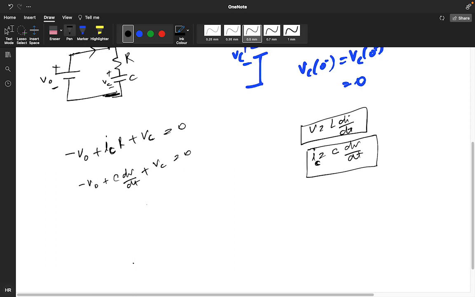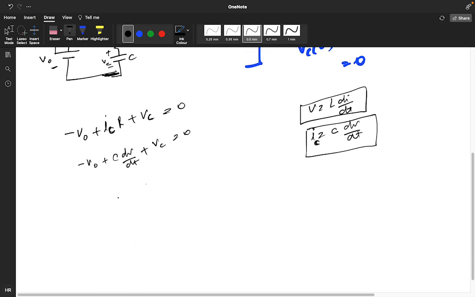What equation are we getting? C dV by dt is V0 minus Vc, so dV by dt is V0 upon C minus 1 by C into Vc.